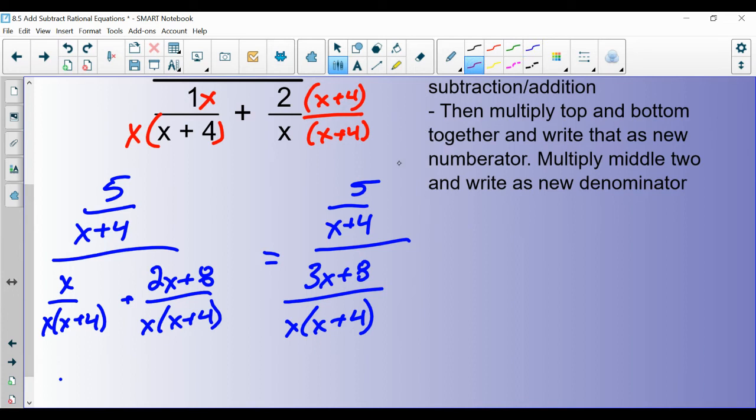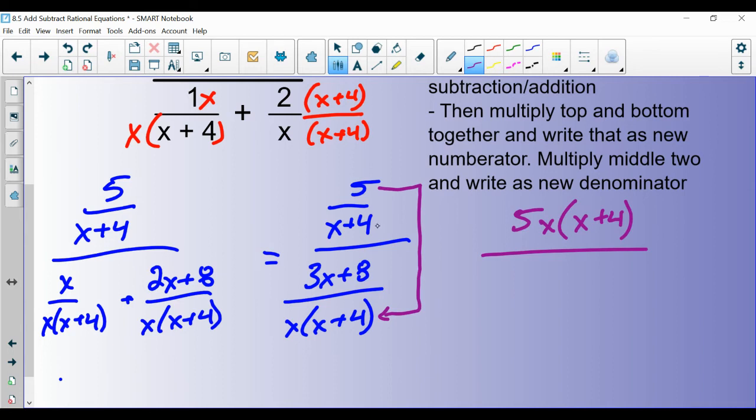So what I'm going to do is take the top and the bottom one and multiply these together. If I were to write that out, that would be 5 times x plus 4. I could distribute it if I wanted to, but I actually don't want to because I like it factored like this.